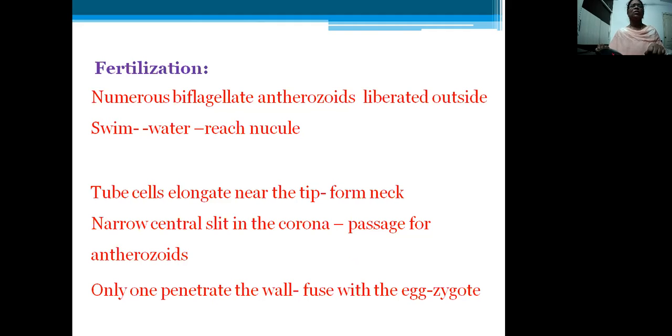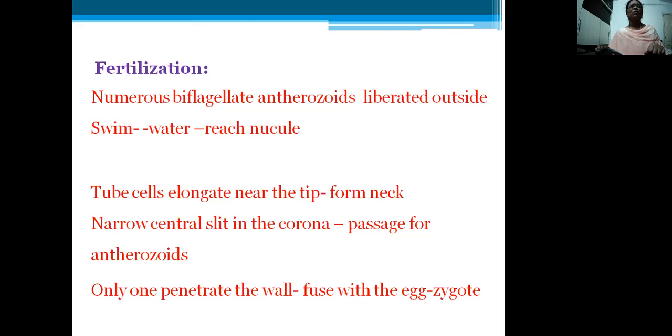When the coronary cells move apart, many antherozoids enter the oogonium, though only one antherozoid fertilizes the non-motile ovum, which is haploid in nature, resulting in the formation of a zygote.